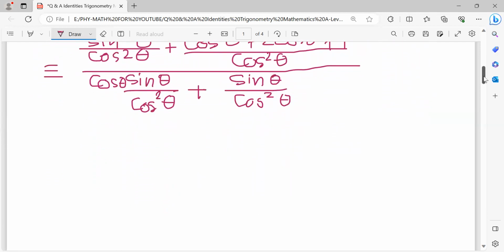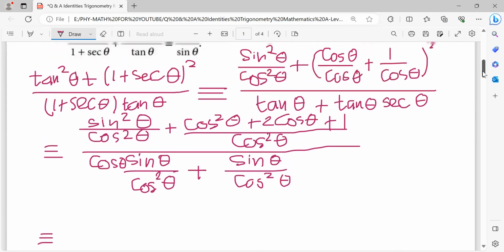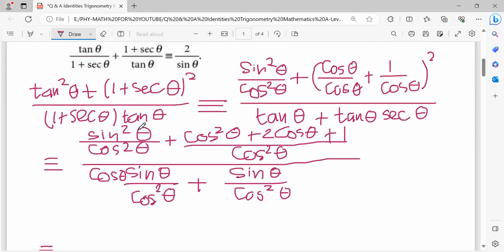Next, the numerator becomes sine theta plus sine squared theta plus cosine squared theta plus 2 cosine theta plus 1.